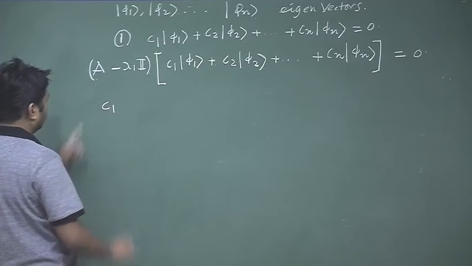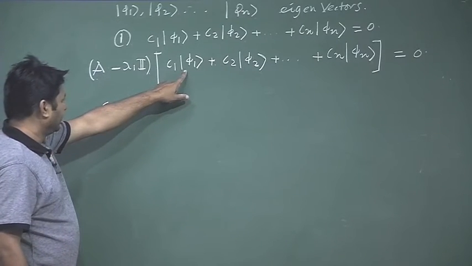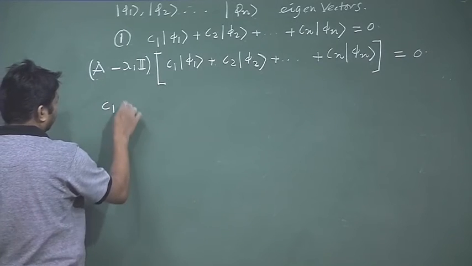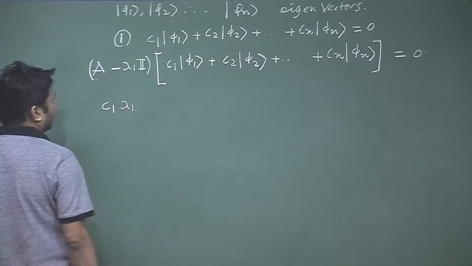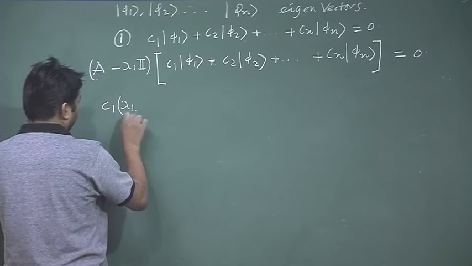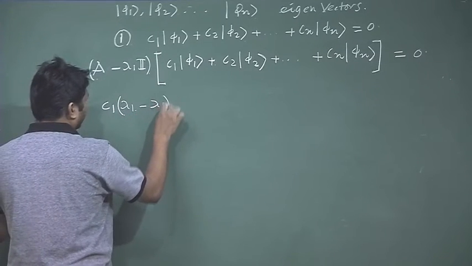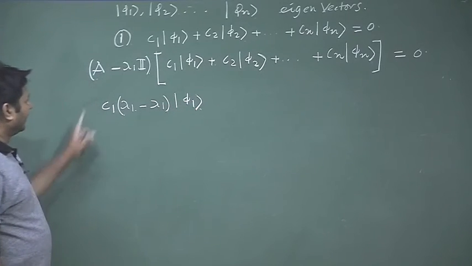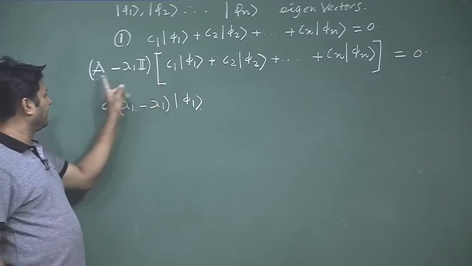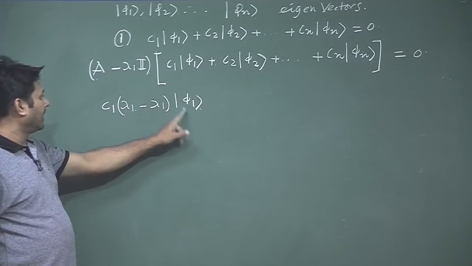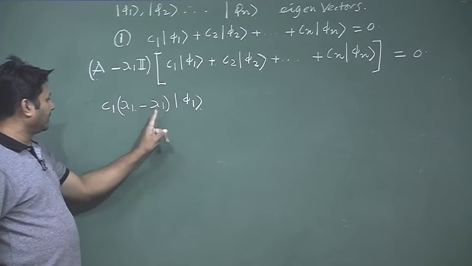First, for C1, I have lambda 1 minus lambda 1 times phi 1, because A phi 1 is lambda 1 phi 1, and lambda 1 I phi 1 is also lambda 1 phi 1.